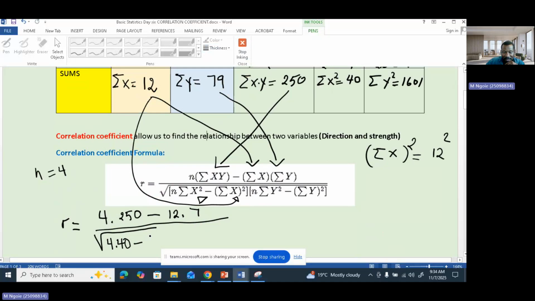Then you open another square root here: n is 4 times the sum of y squared.